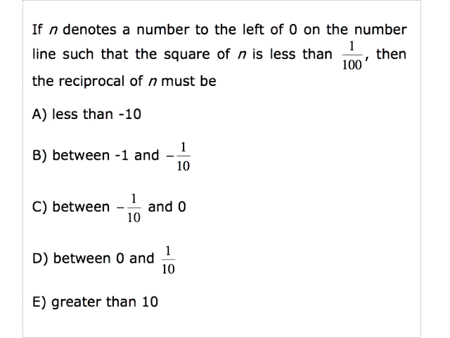This is the more traditional approach to this problem. If you're going to use algebra, we know that n squared is less than 1 over 100. And we also know that it's greater than 0, because the number itself is not 0.